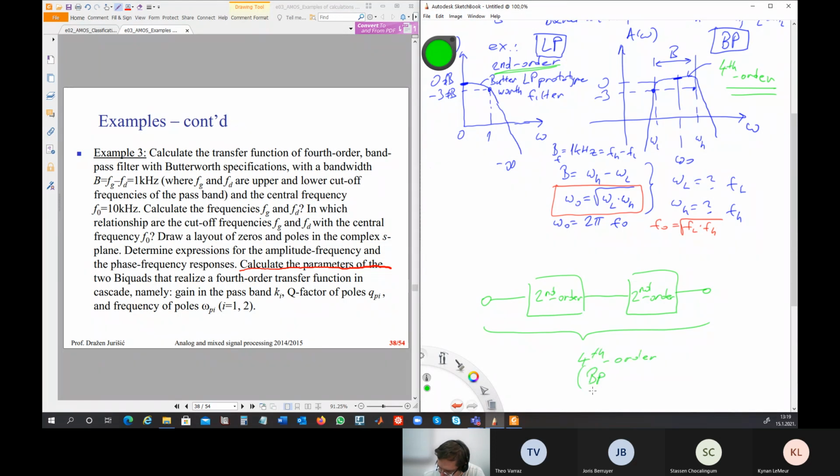This is bandpass. This is also bandpass, but second order. So how do these two second order bandpass transfer functions look? This is called a cascade.